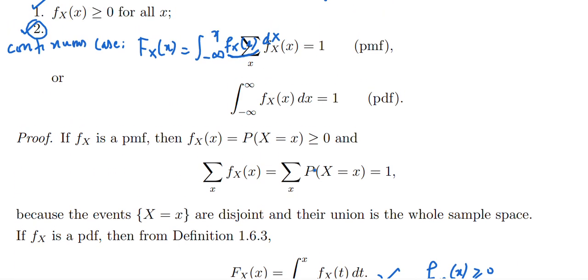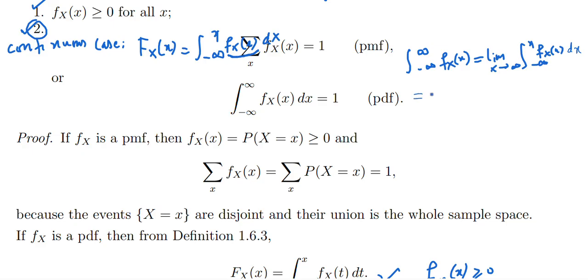Next, showing the integral from minus infinity to infinity is 1, because we can say the integral from minus infinity to infinity of f_X(x) is equal to the limit as x approaches infinity of the integral from minus infinity to x of f_X(t) dt.